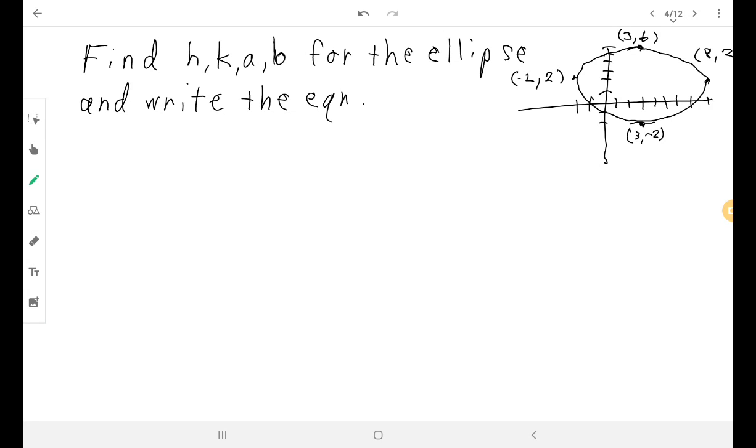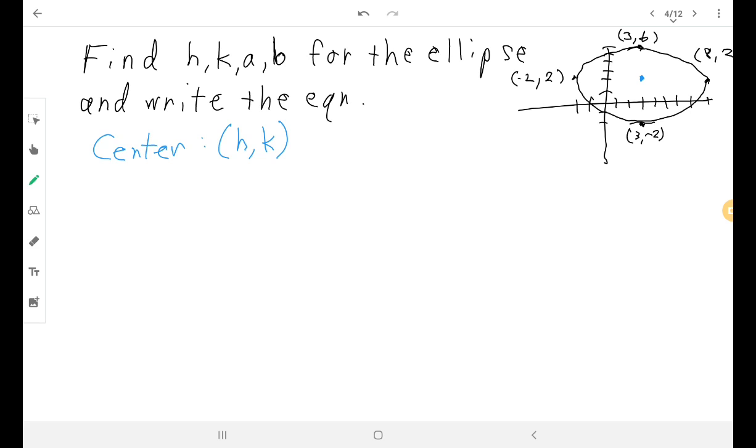Let's find h, k, a, and b for the ellipse and write the equation of this ellipse. As you see, or should see, from the picture, we have moved on from having the center at 0, 0. Now the center is here somewhere. We don't know exactly where, but we can figure it out. In cases like this, the center is what we call the point (h, k).